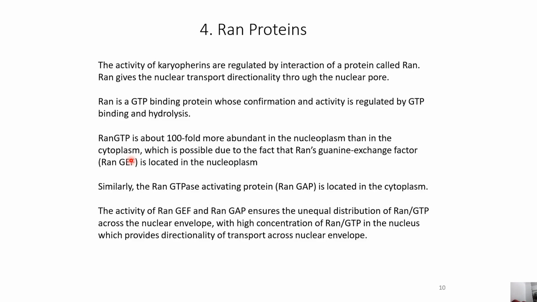Similarly, the RAN-GTPase activating protein RAN-GAP is located in the cytoplasm. So the activity of RAN-GEF and RAN-GAP ensures the unequal distribution of RAN-GTP across the nuclear envelope with high concentration of RAN-GTP in the nucleus, which provides directionality of transport across the nuclear envelope.